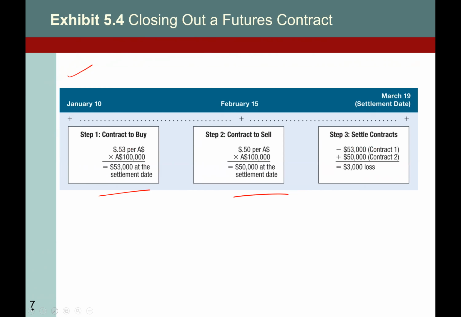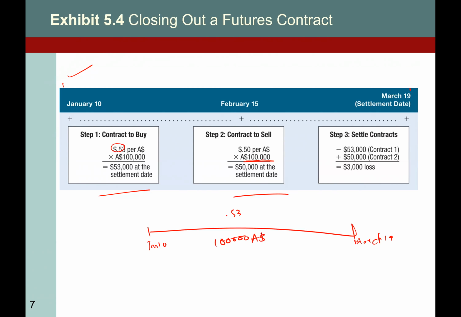Here we go. So what happened to these contracts? The January to March is a buy contract at 0.53 per dollar. So the reference rate is still 100,000. When the first contract expires, on January 10 the rate was 0.53, and how much do you have to purchase?